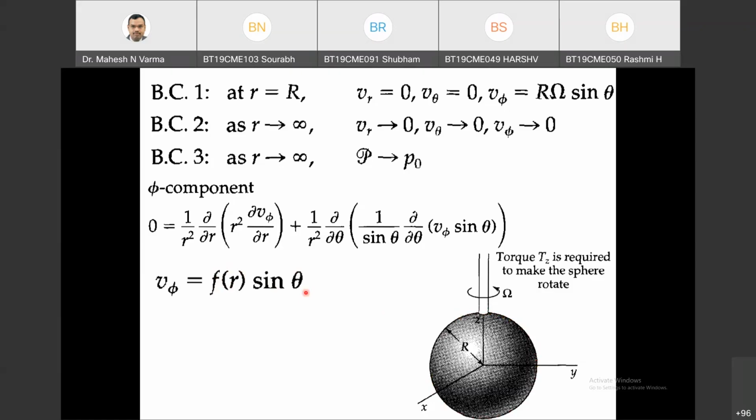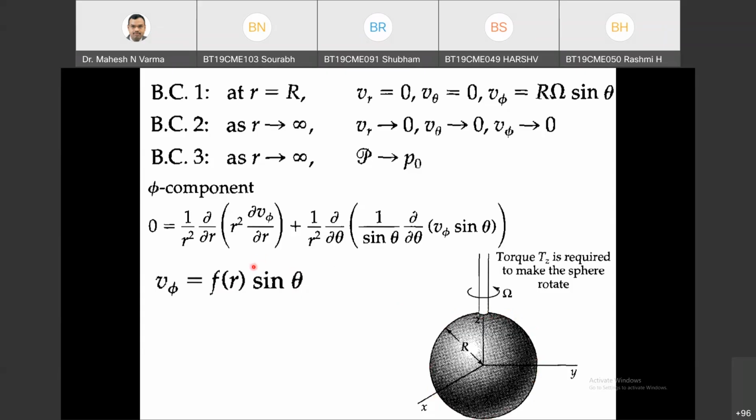Just logic. You need to observe the problem; it depends on each and every problem. Here I know my velocity is a function of r, but how it changes in the theta direction: here it will be minimum, here maximum, again going down, again going up, again going down.